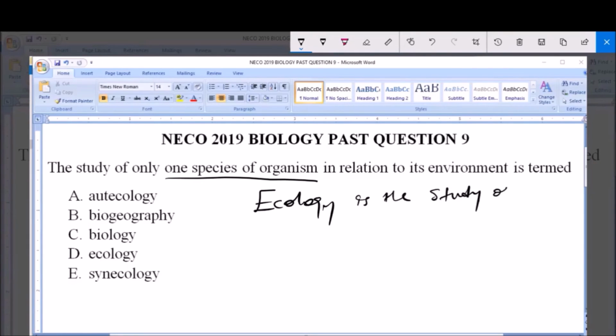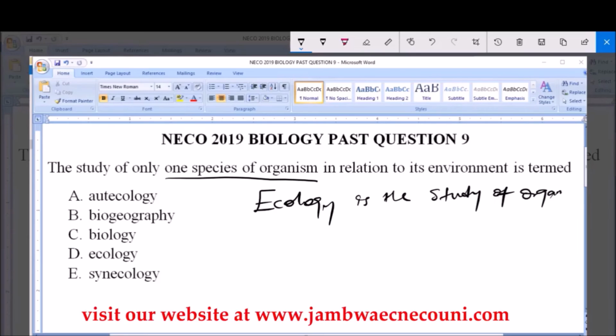Ecology is the study of organisms in relation to their environment.